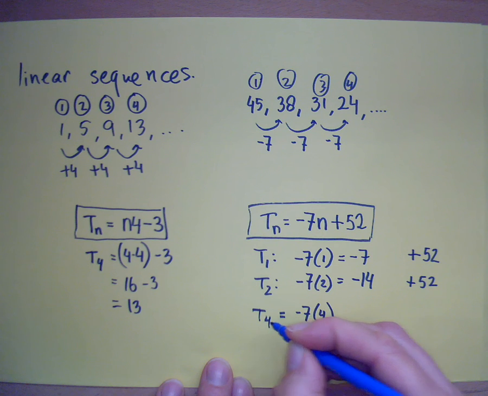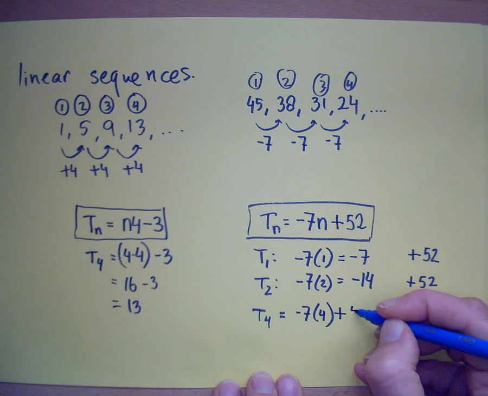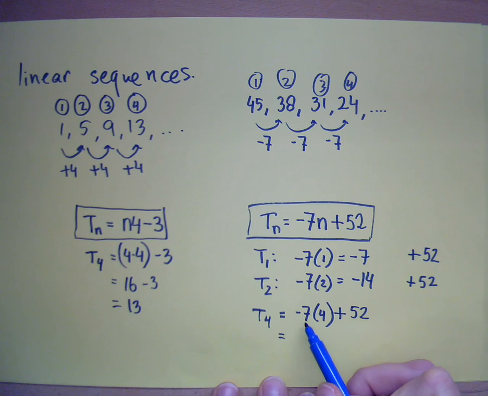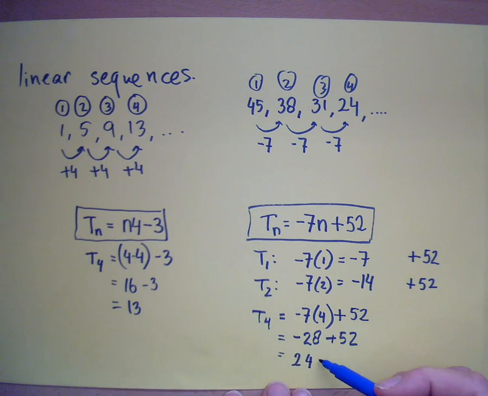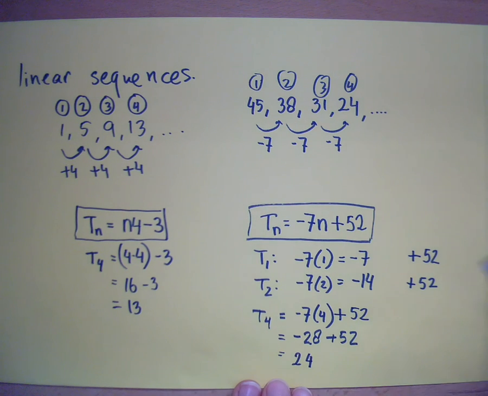Our term number is 4 here, so we plug in 4 plus 52, and this should give us the correct value. 7 times 4 is 28, negative 28 plus 52 equals 24. T4 is 24. Is that true? Yes, it is. So this is the correct algebraic expression.